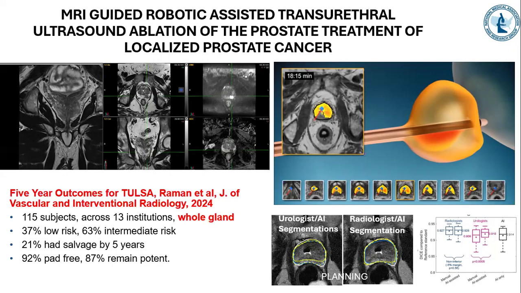So if I see that there is extension of disease, I can easily extend the treatment margin during the planning. The planning has also benefited from AI software, with a coefficient of over 0.9. This has helped me improve my operating room time.